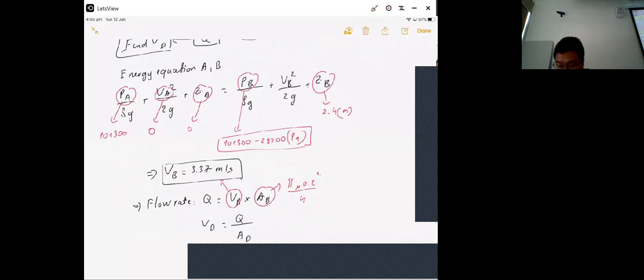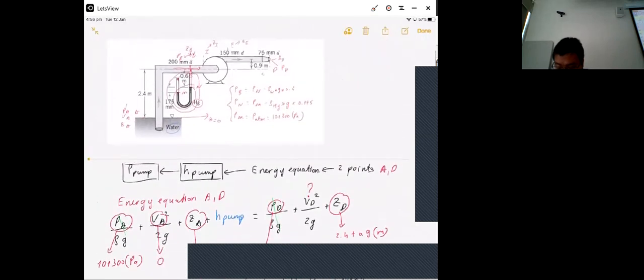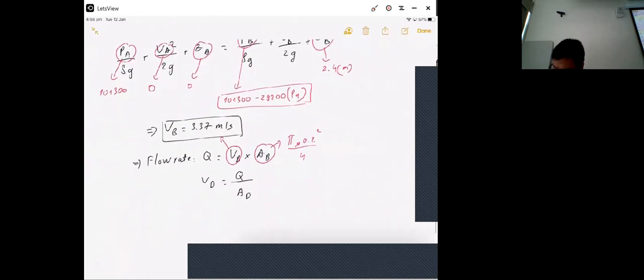This AD is pi times the 75 millimeter diameter, so AD will be equal to pi times 0.075 squared over 4. Okay, so you have VD.